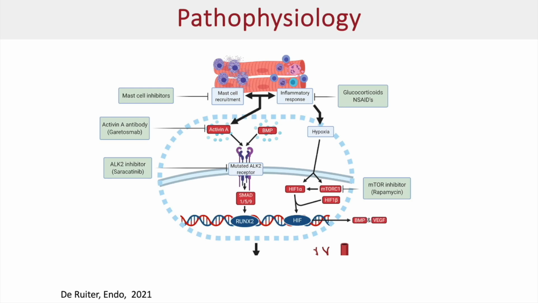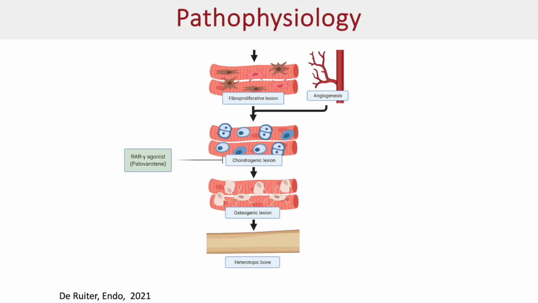There are then other modalities that are being investigated. We mentioned Activin A, and garetosmab, for instance, is an Activin A antibody that works against that. There are ALK2 or ACVR1 receptor blockers, such as saracatinib, that are being investigated in intervening in different places in this pathway. You also see a role for rapamycin there.